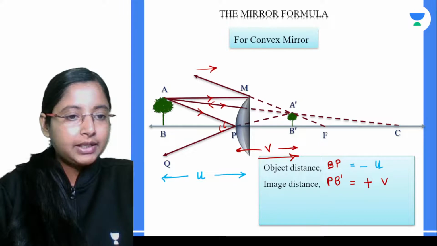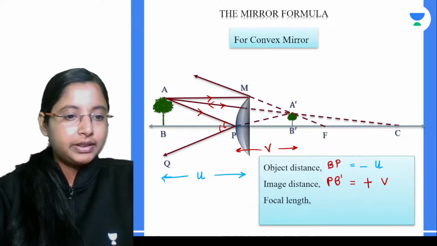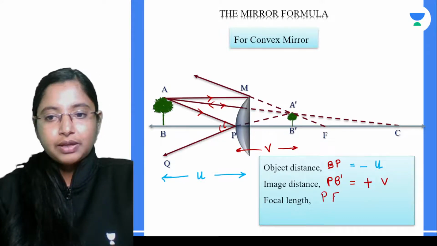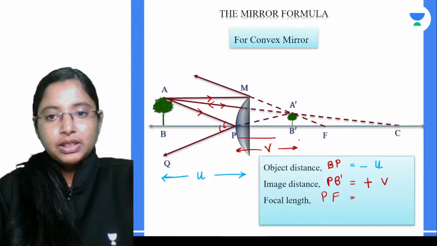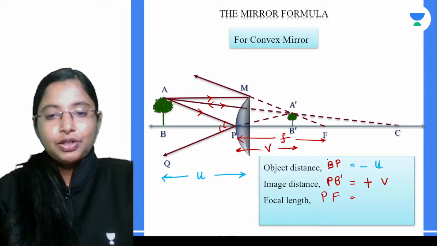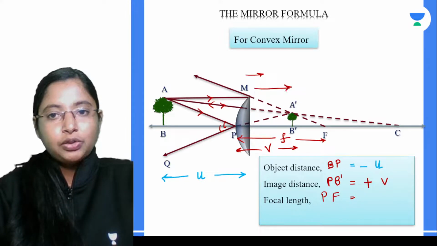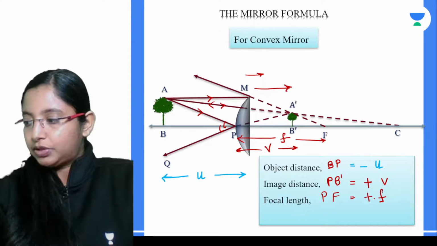The next value is the focal length. Focal length is from P to F. Again, from the pole you're going in the direction of the incident ray, so focal length is again a positive quantity.